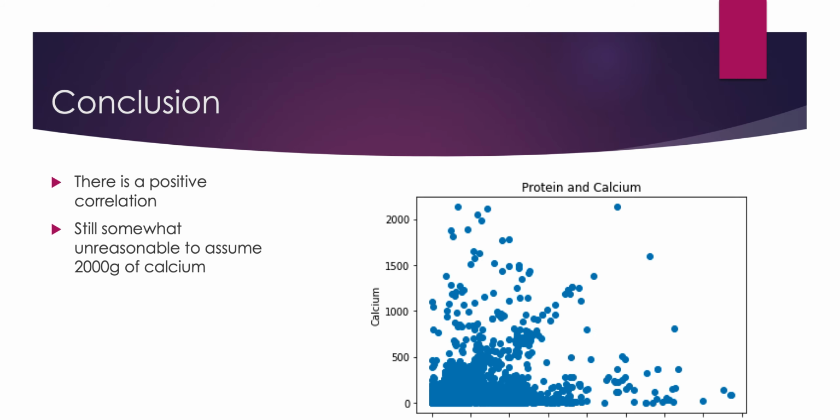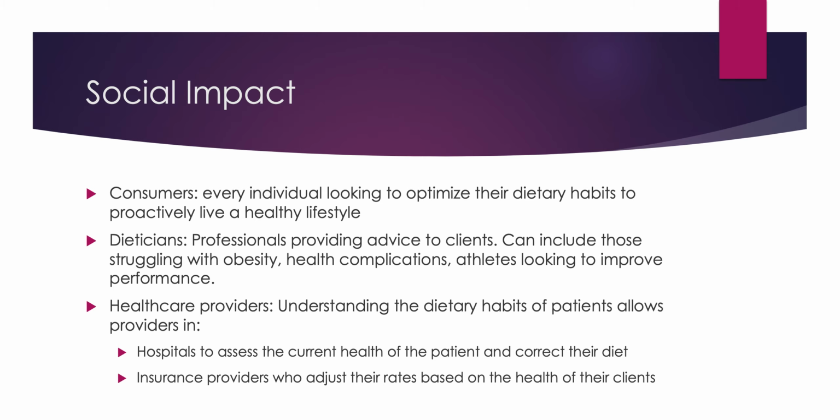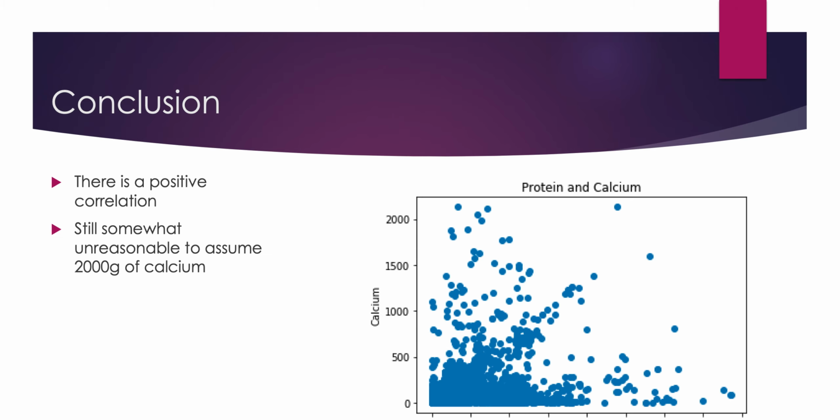Here we can see that there is actually a somewhat positive correlation between calcium and protein in a y equals x sort of variation to determine the correlation. It's still somewhat unreasonable to assume that there can be over 2,000 grams of calcium reasonably available in food.